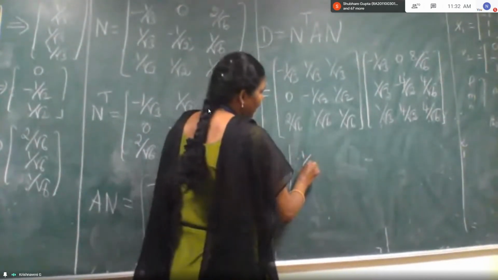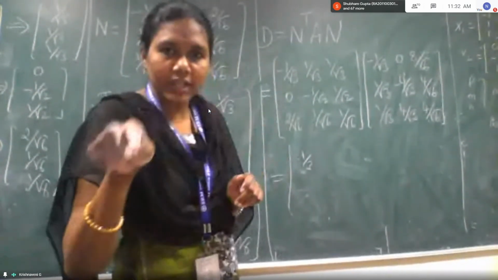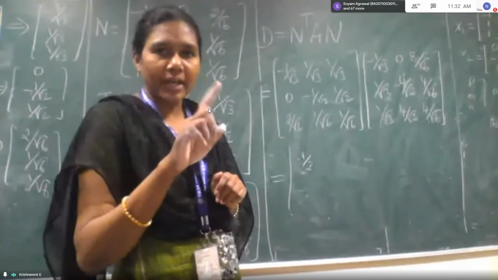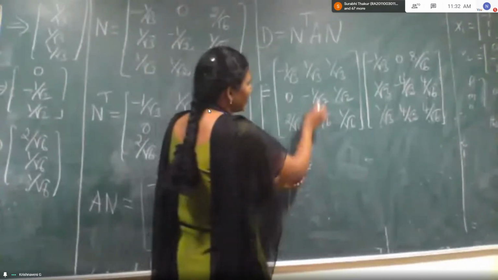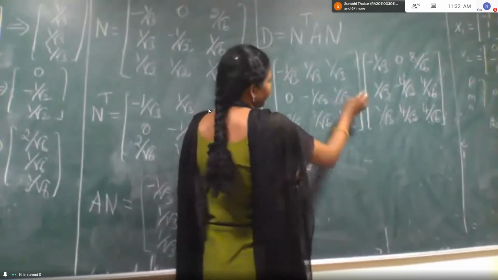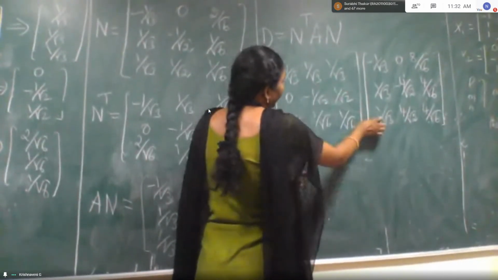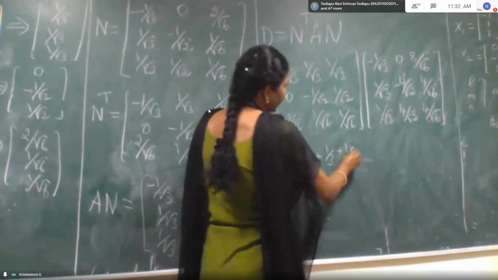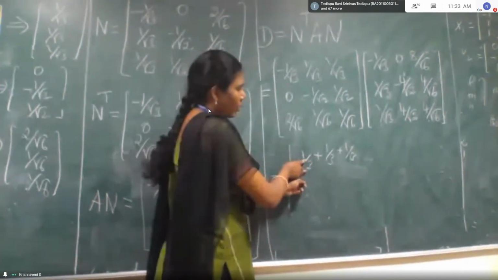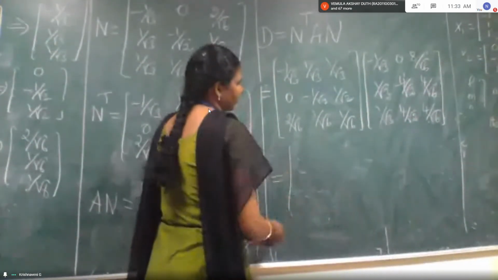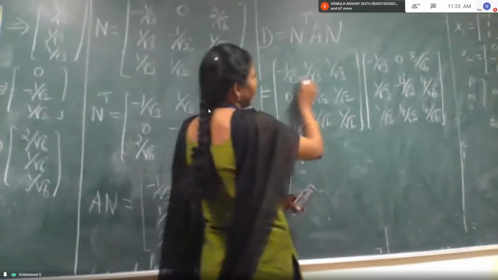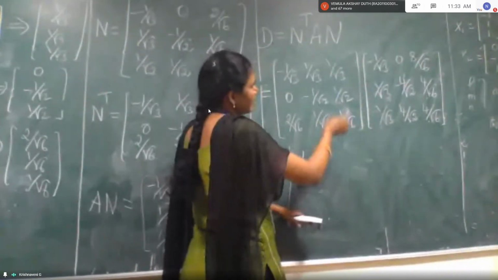It is 1 by root 3 into 1 by root 3, minus 1 by root 3 into minus 1 by root 3, that is 1 by 3 plus 1 by 3 plus 1 by 3, 3 by 3, that is 1. Okay, and then again first row second column.